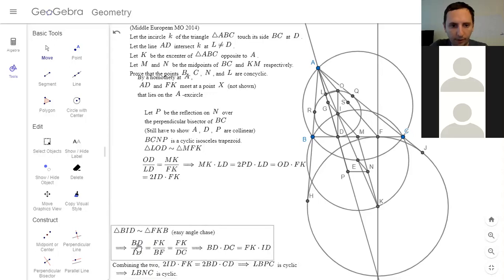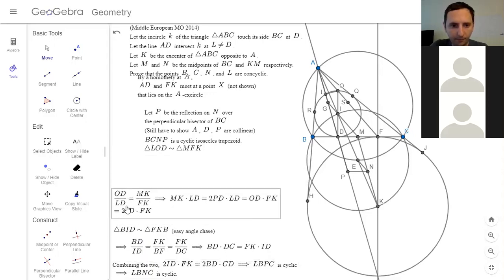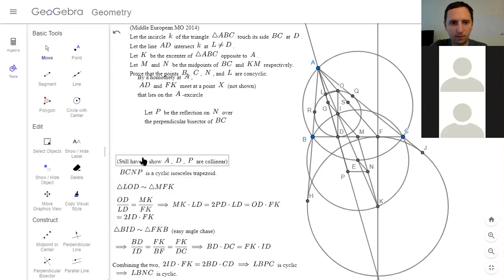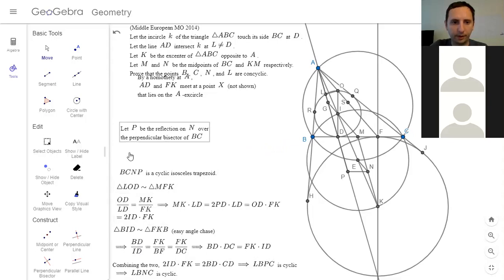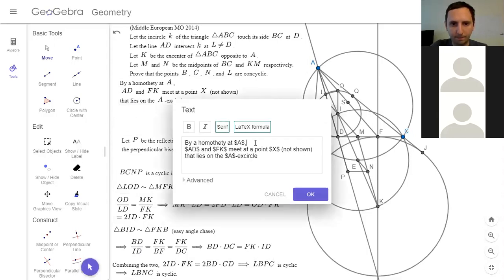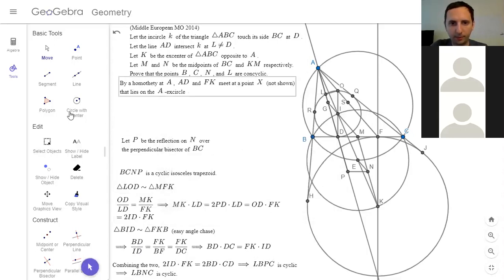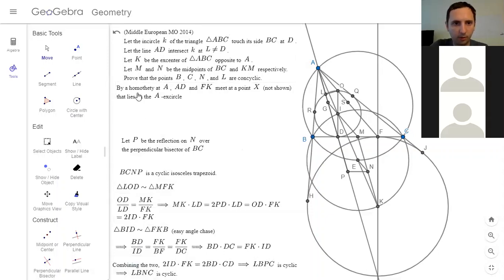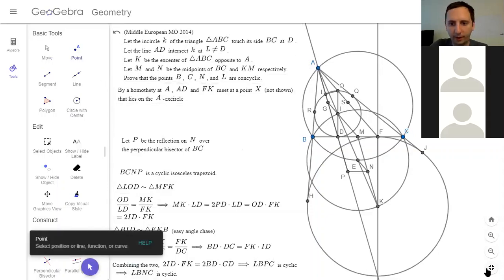So that would be point X down there. I can delete that. Let me just make a little more room here. Okay. So basically, we can call this point X down here.